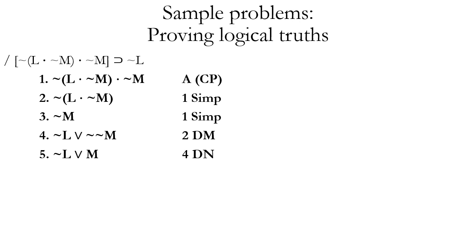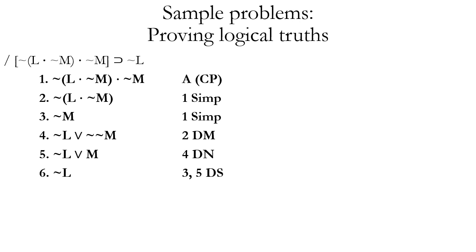However, it doesn't quite work because tilde M or not M is not the negation of the second disjunct on line 4, because the second disjunct on line 4 is tilde M. So we're going to have to use the double negation rule before we can use lines 3 and 4 to prove tilde L. We could either add 2 tildes to line 3, thus making it the negation of not M, or we can remove 2 tildes from the second disjunct on line 4, which is what I've chosen to do here.